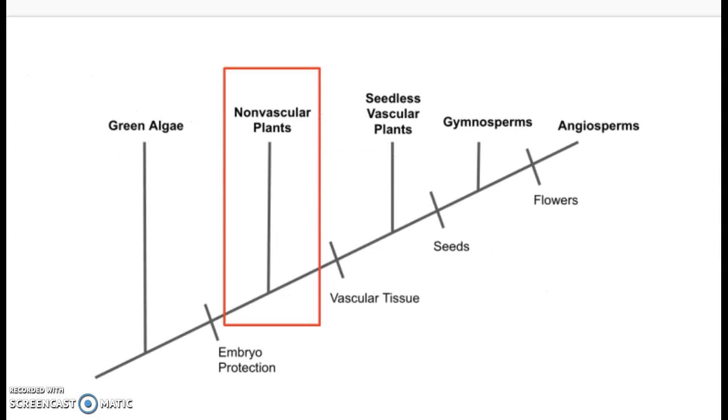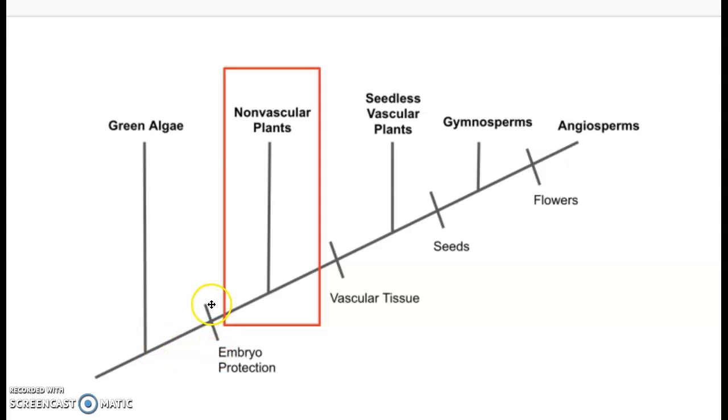So you notice that in this cladogram, it explains that green algae here is the ancestor of all plants. And remember that this means that evolution occurred here.